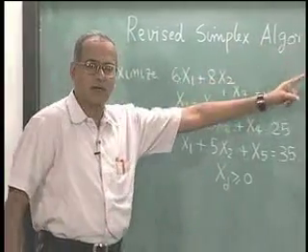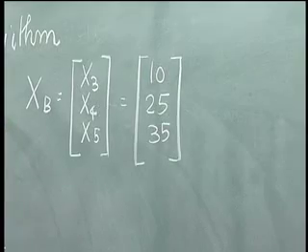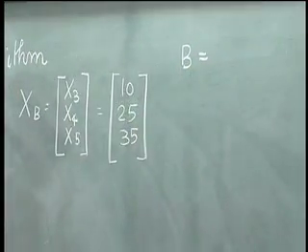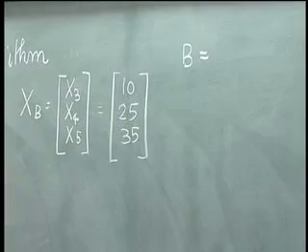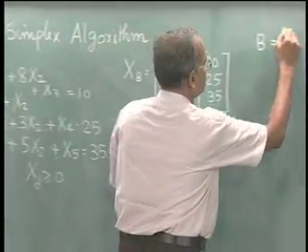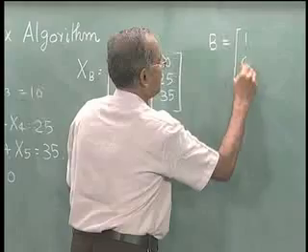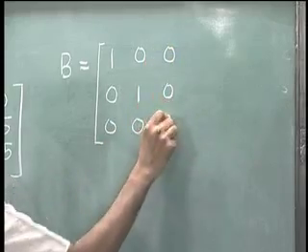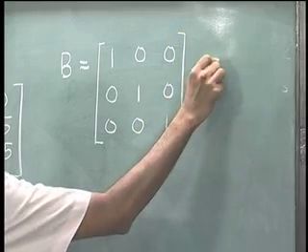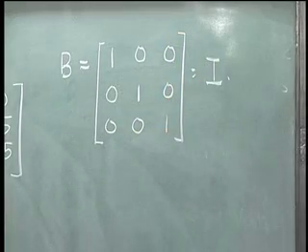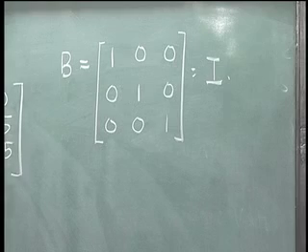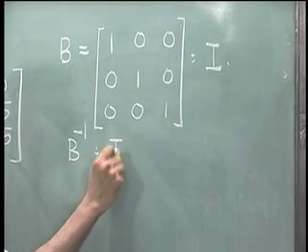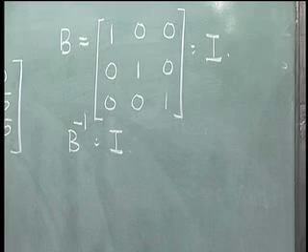Since x3, x4 and x5 are the basic variables, the basis matrix B is a 3 by 3 matrix corresponding to 3 basic variables and it will be the matrix 1 0 0, 0 1 0, 0 0 1 which is I, an identity matrix. Since the basis matrix is an identity matrix, B inverse is also the identity matrix.